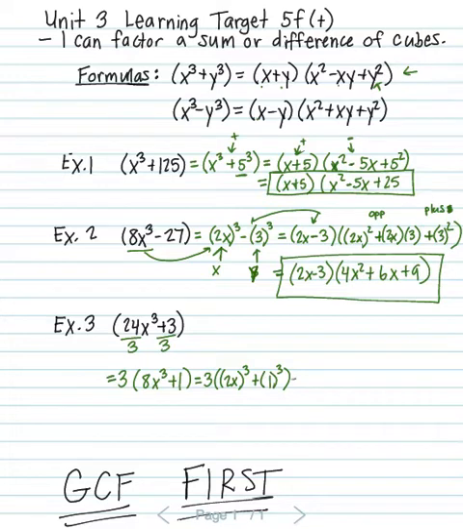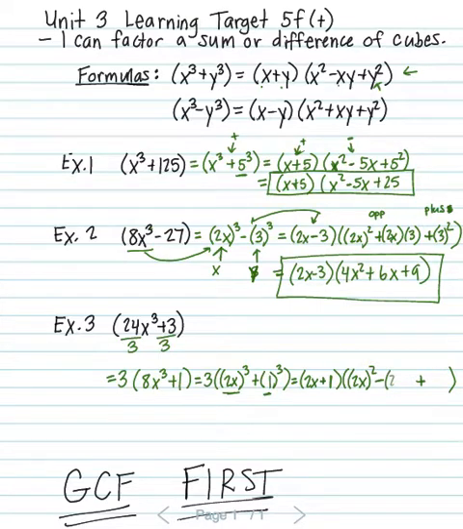So fill into our formula. Since our original is a sum, we know that this one's going to be plus, then we'll have a minus, then we'll have a plus. So the first piece, 2x, goes there. The second piece, 1, goes there. Then it's the first thing squared.